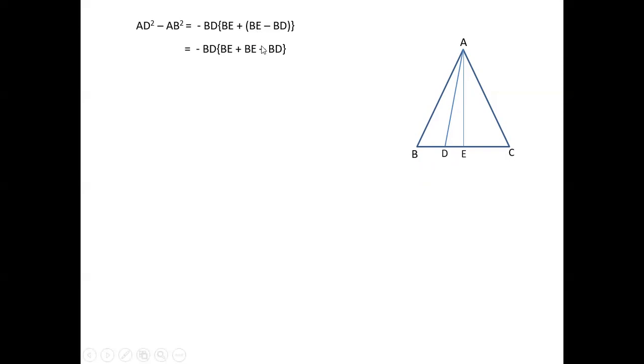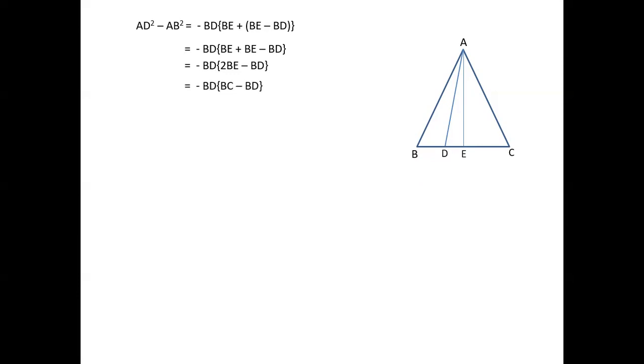BE plus BE is 2BE, and as I told you, BE is half of BC, so 2BE becomes BC. So it becomes minus BD times (BC minus BD).